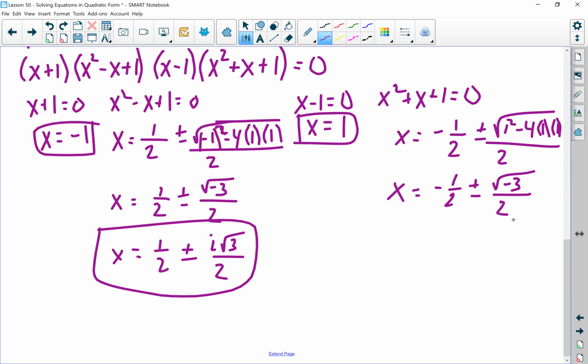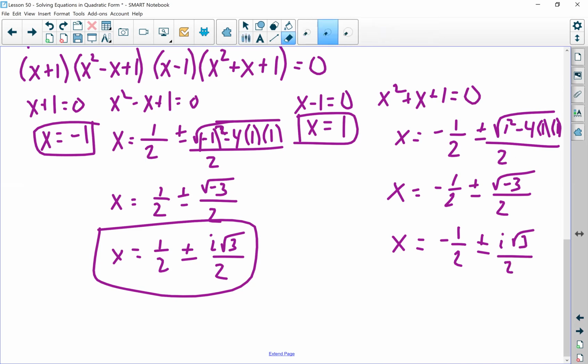And this won't always happen. It just happens because the quadratics' only difference is the negative on the b. So the only difference in our answer, one is 1/2 plus or minus i times the square root of 3 divided by 2. The other is -1/2 plus or minus i times the square root of 3 divided by 2.